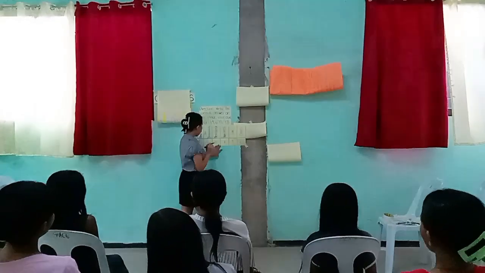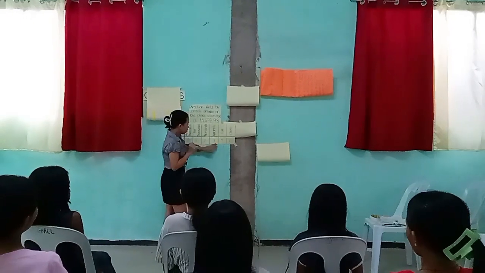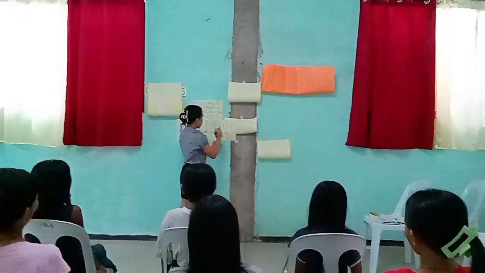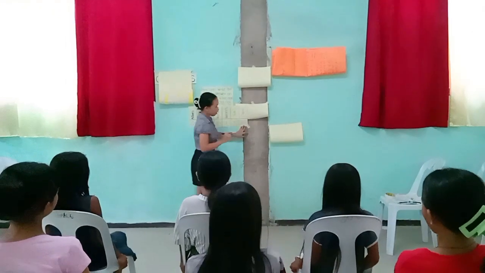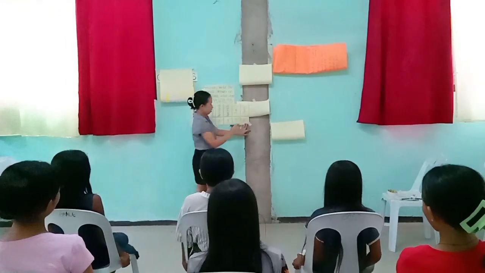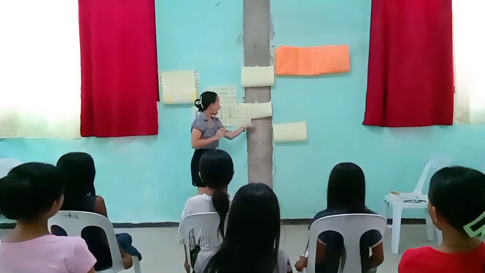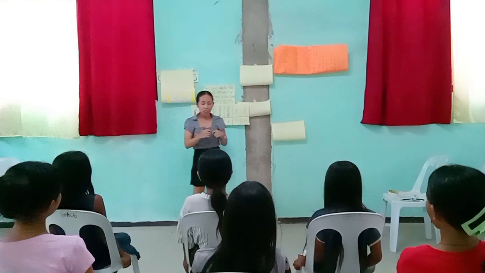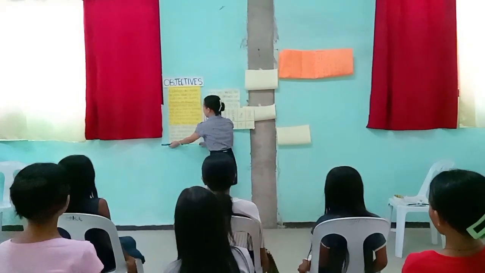The number four. Okay, very good. And the number five. The tens. Very good. The eight. The ones. You are all correct. And now, before we discuss our lesson, can you please read our objective for today?